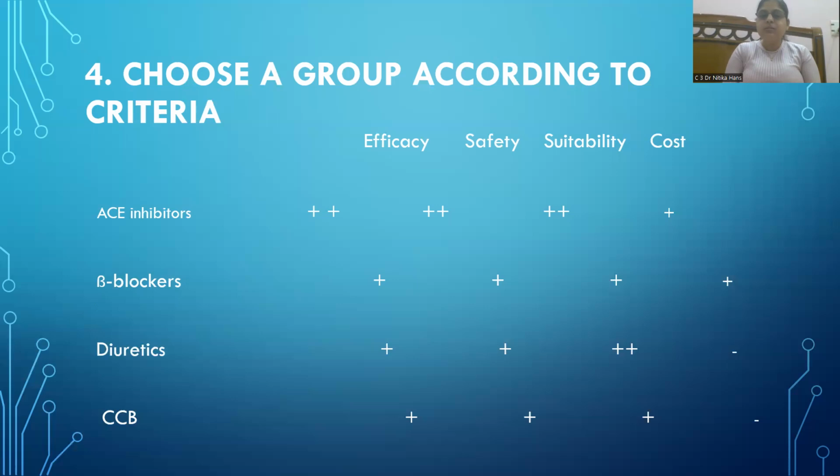Calcium channel blockers are also efficacious, they cause vasodilatation, and they are much safer. Only postural hypertension is seen with calcium channel blockers. They are less suitable here because the patient is 40 years old, so not more than 55 years. So this is less suitable as the first-line drug of choice for the treatment of mild hypertension.